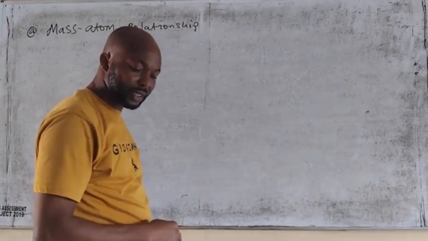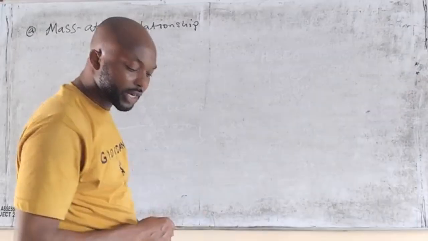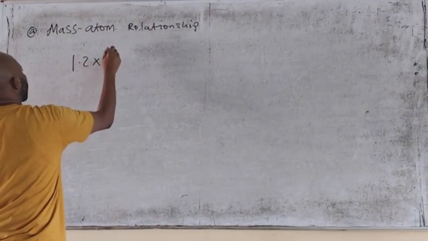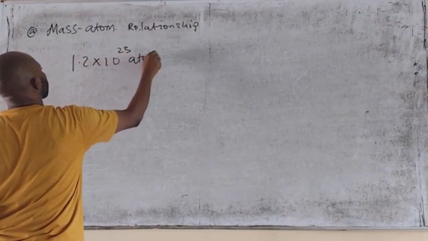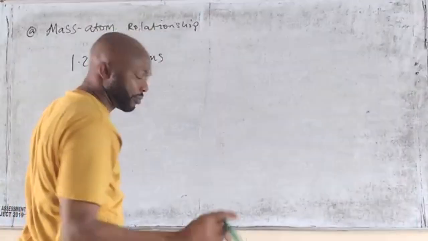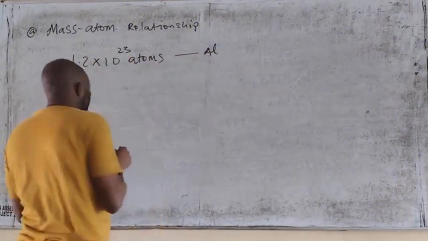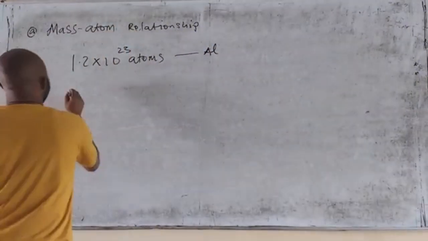Calculate the masses in grams of 1.2 times 10 raised to 23 atoms of aluminium. The question again, calculate the masses. So we are calculating the gram. Solution.